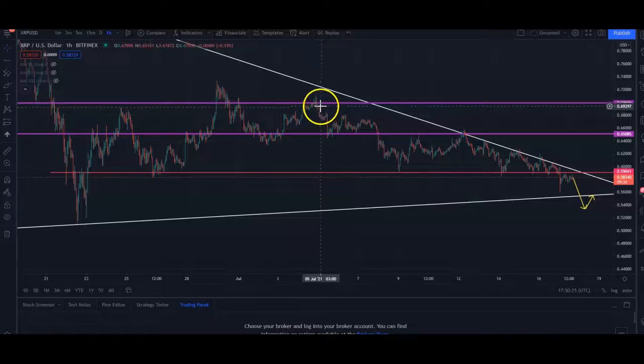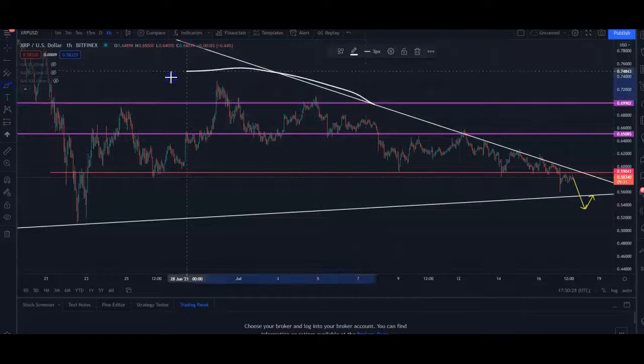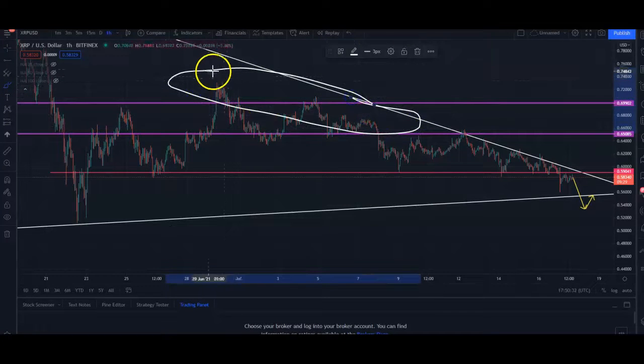The reason why price dropped from this area here is because you see we have too many confluences for selling pressure. We got the daily secondary trend rejection zone, and then we have a daily resistance level right at that same area.